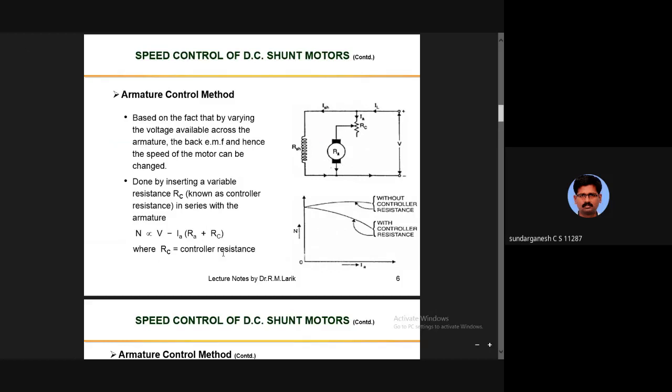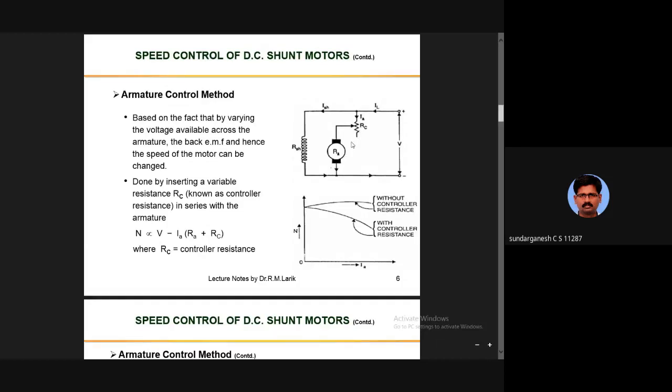So here there is no Rc. The voltage drop will be minimum, so V minus IaRa will be maximum, and the speed will increase. Now I am moving the slider in between. Some resistance will be there, so the voltage drop will be somewhat higher and Eb will be lower. Now the speed will be reduced. I am putting the resistance at the bottom end.